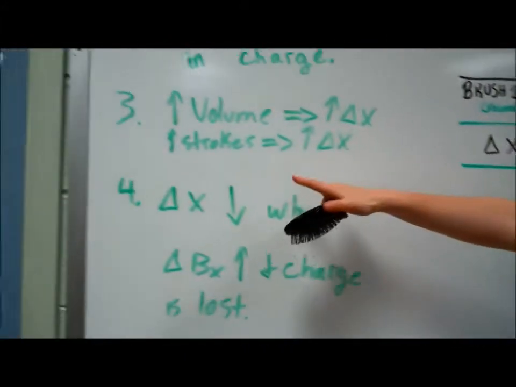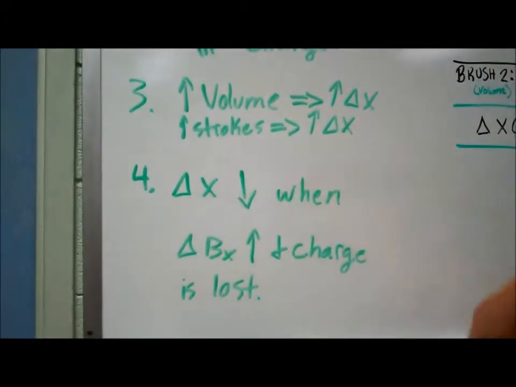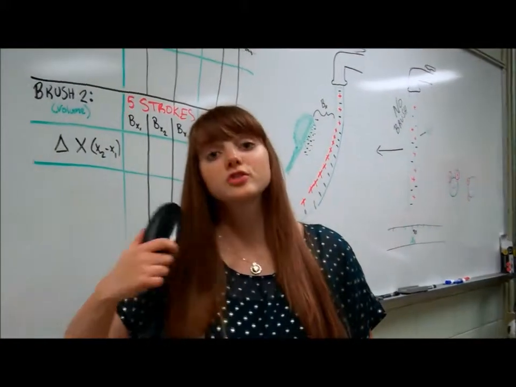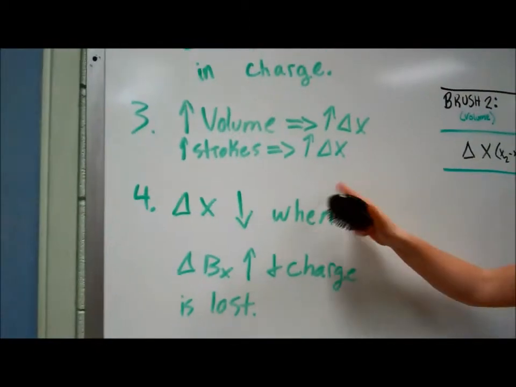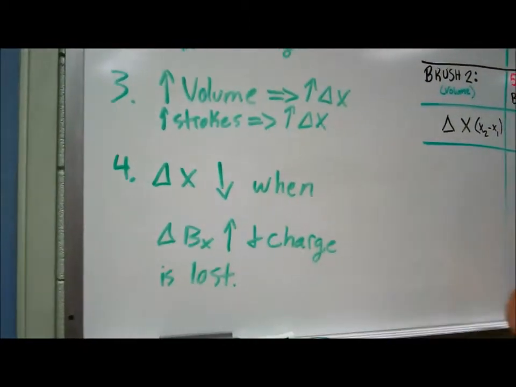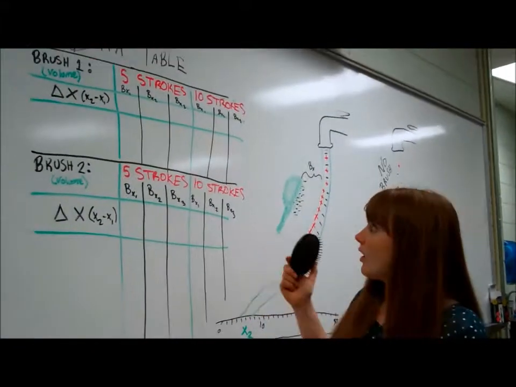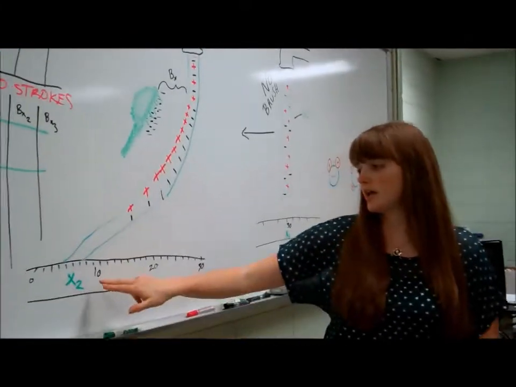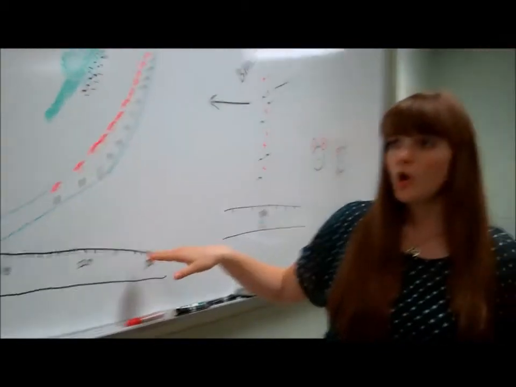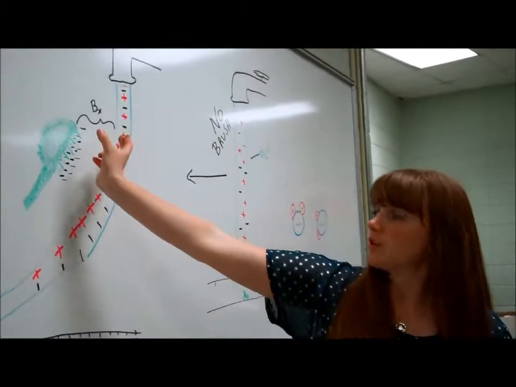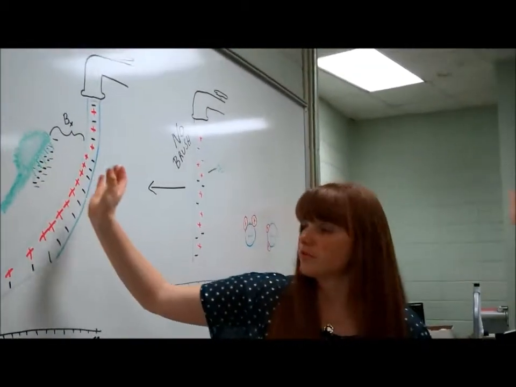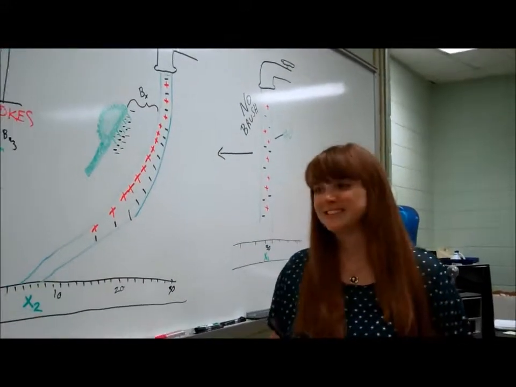Also, we noticed that when we increased the number of strokes on the brush, we increased the amount of static electricity, so the change in X was greater. We also noticed that the change in X went down whenever we moved the brush farther from the stream of water.